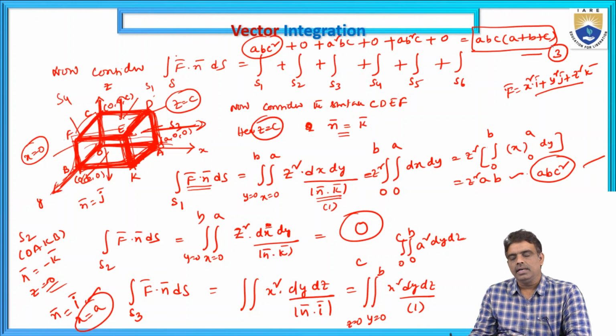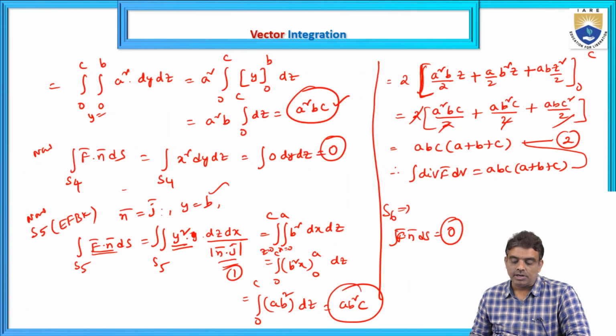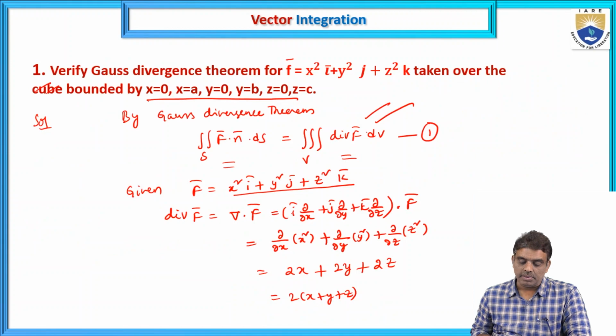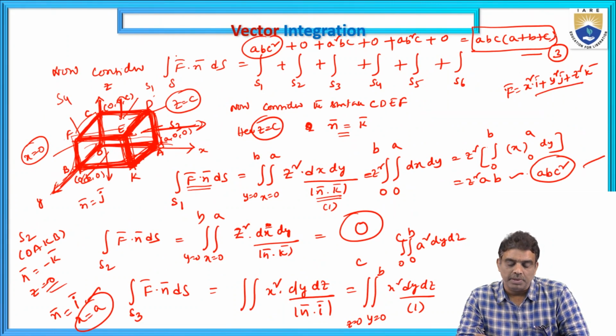It is the integral of f bar dot n cap dS. Now on observing equations 3 and 2: what is equation 2? abc into a plus b plus c. What is equation number 3? Equation number 3 is also abc into a plus b plus c.